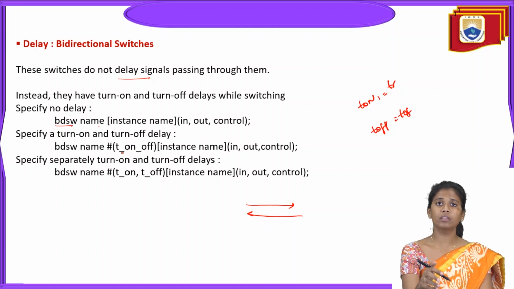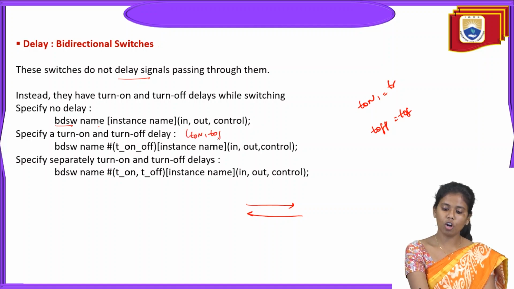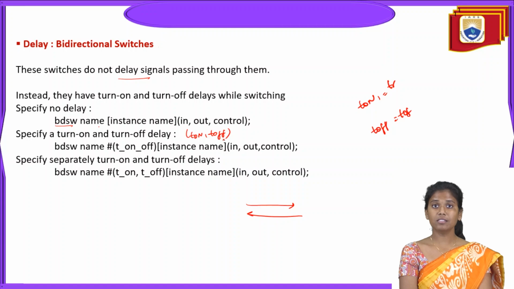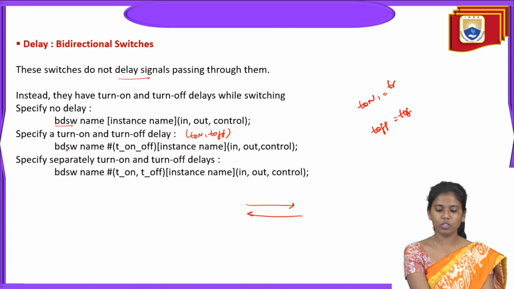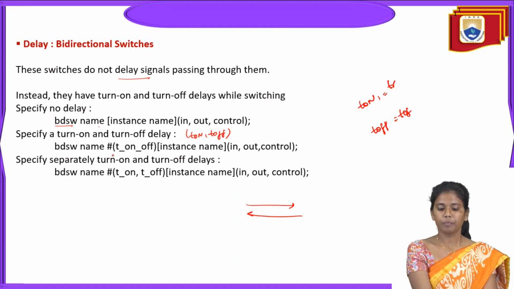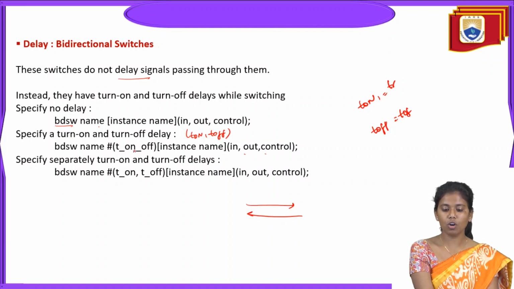Here in the second statement, we are specifying two times, that is turn on and turn off delays. In this case, how can we write our code? The name of the bidirectional switch, followed by the name, turn off instance, in, out, control. Here we are representing turn off.